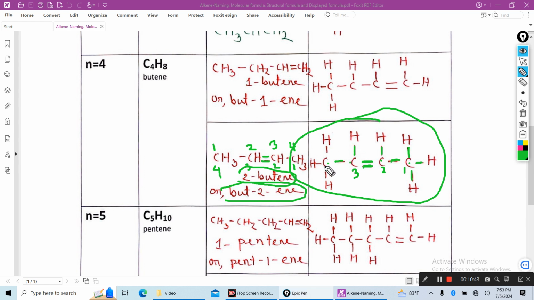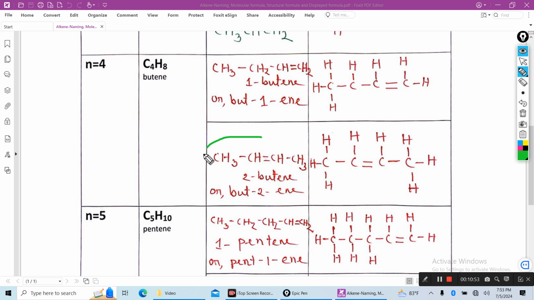Carbon 4 has only 1 bond present, so 3 hydrogens are needed to make carbon valency 4. This is the displayed formula of 2-butene or but-2-ene. This is the structural formula of 2-butene, and this is the displayed formula for 2-butene.